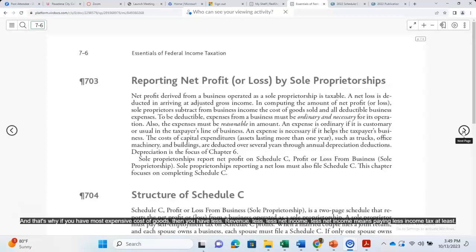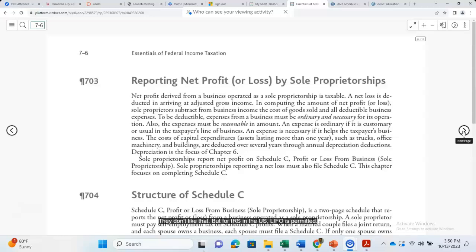Less net income means paying less income tax, at least that year. So the IRS also permits LIFO. There is no LIFO permitted under international law as far as I know. They don't like that. But for the IRS in the US, LIFO is permitted.